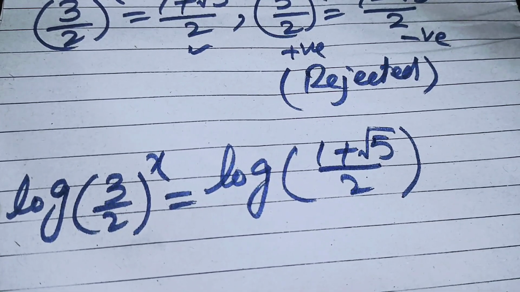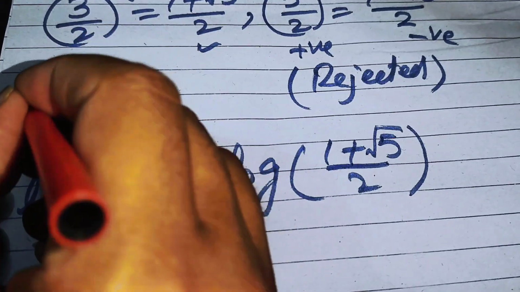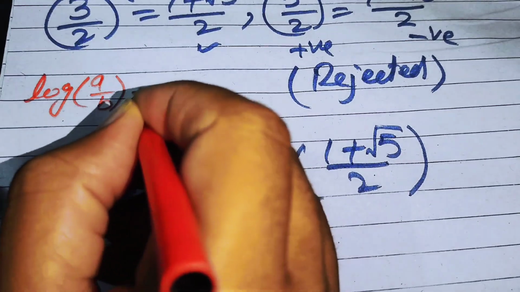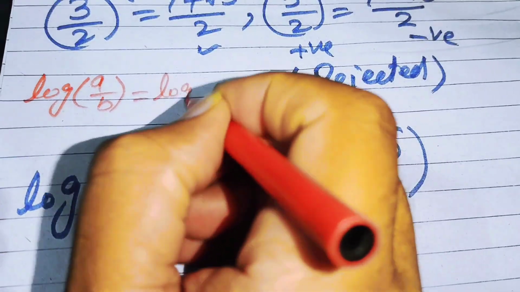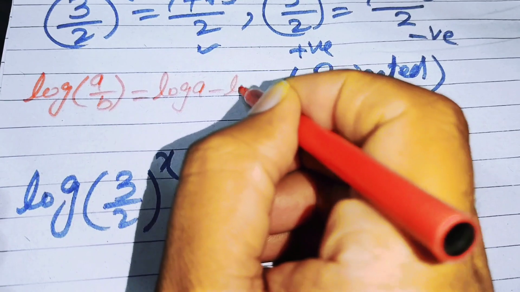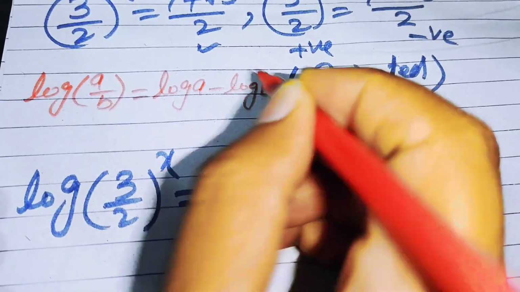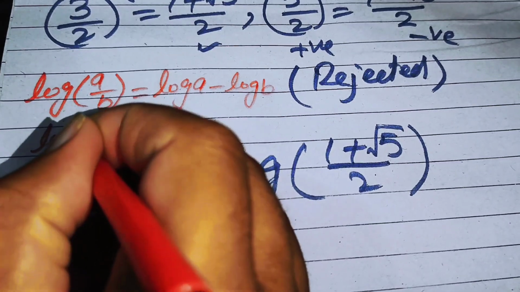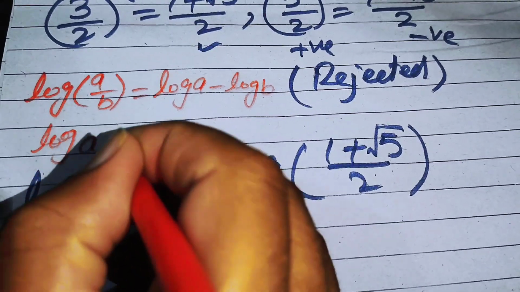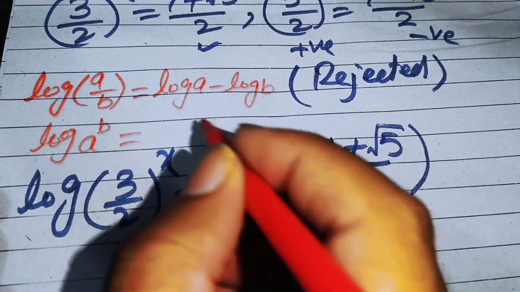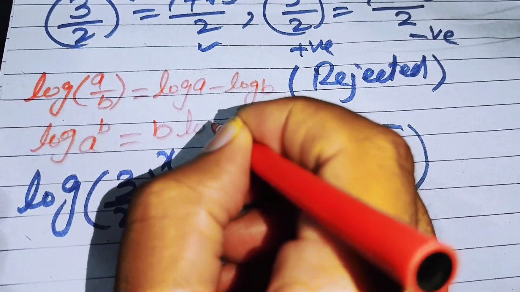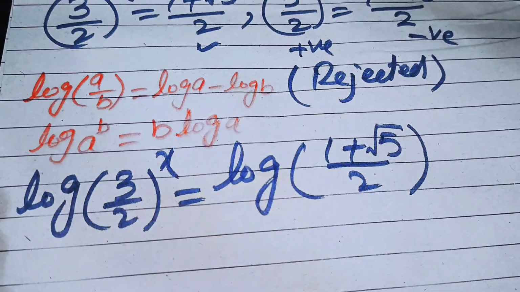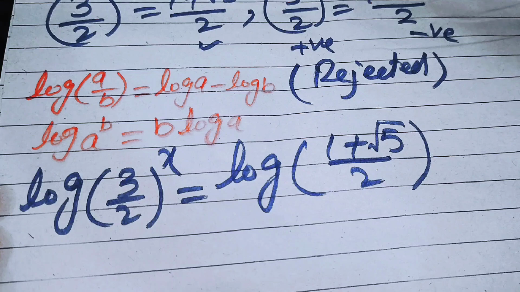And now we can apply the properties of log, and you know that if we have log a over b, it is equal to log of a minus log of b. Again you have the property that log of a to the power of b is equal to b times log a. So now we can apply these two properties of logarithm.